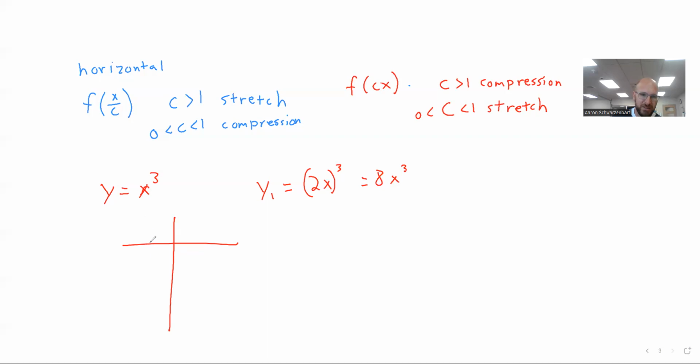So looking at a point on the original, this is my x, and this is y equals x cubed. We're going to look at what it does point by point. So x, we'll do 0, 1, 2, no, we're going to avoid 3, we're going to do 4.